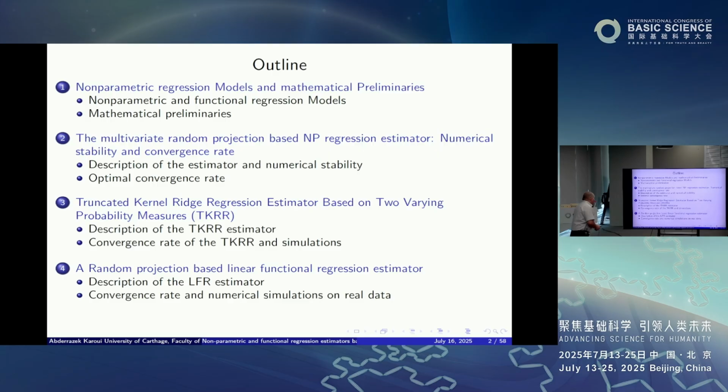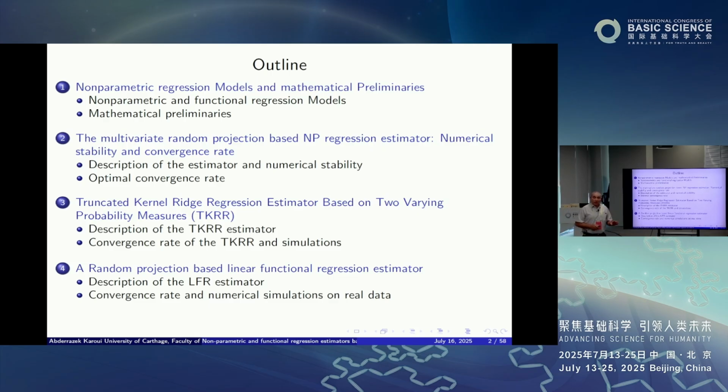The first part is just mathematical preliminaries. Please interrupt me if you have any questions. The second part is about the multivariate random projection based NP regression estimators, numerical stability of the estimator, and order of convergence rate. The third part is truncated kernel ridge regression estimators. It is about dimension reduction. And the last part is about random projection based linear functional regression estimators.